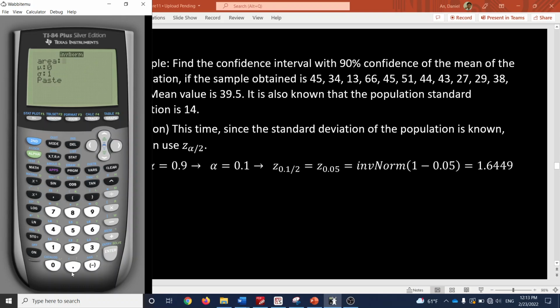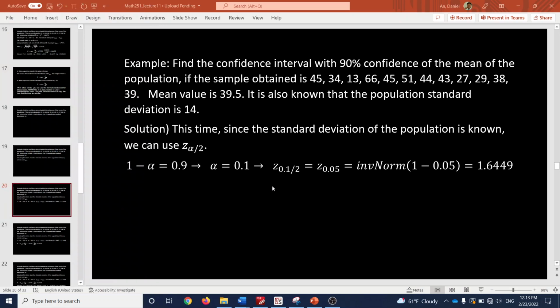And you need 1 minus 0.1, sorry, 0.1 divided by 2. Enter. And you get the value 1.6449. So you get that.